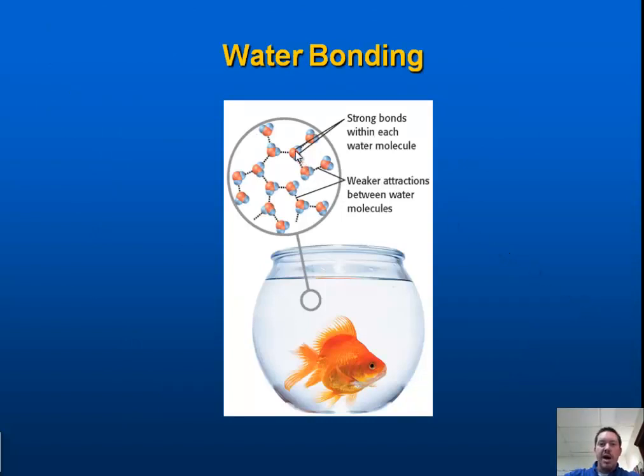So the bond between oxygen and hydrogen is a very strong bond. We've drawn some dashed lines in here. These are referred to as hydrogen bonds.